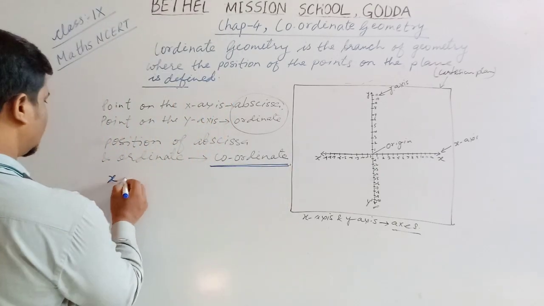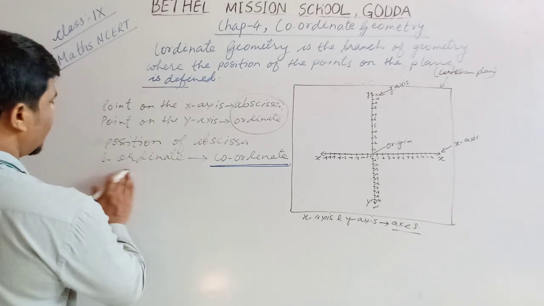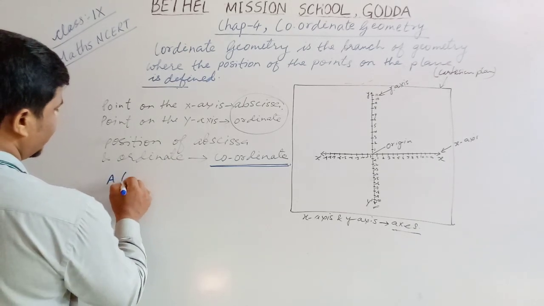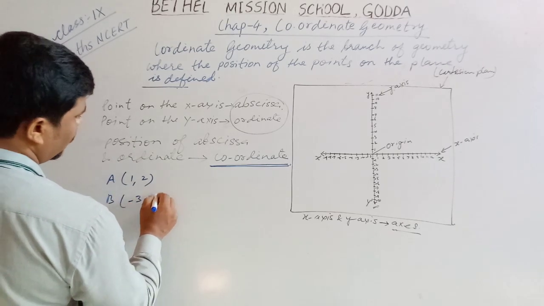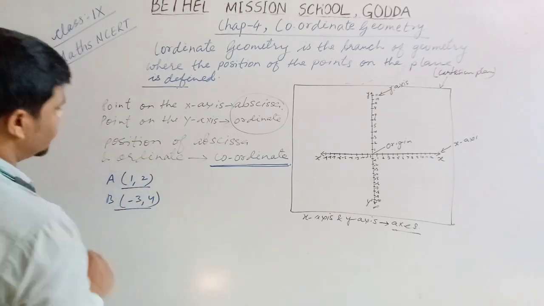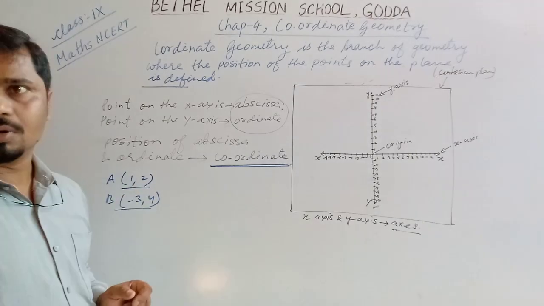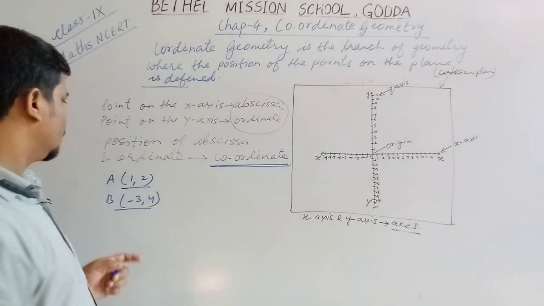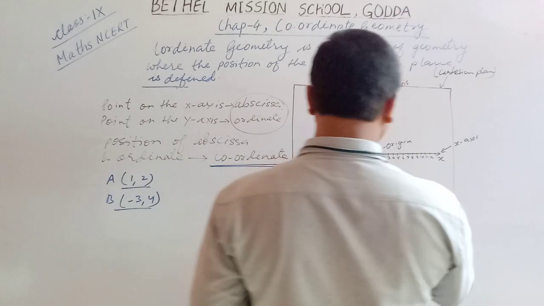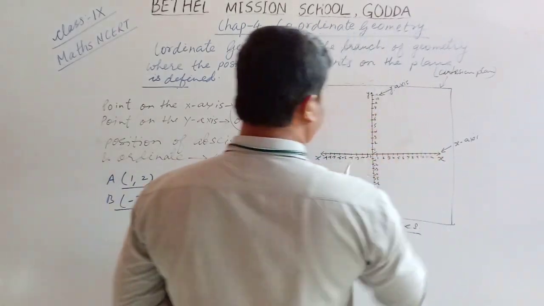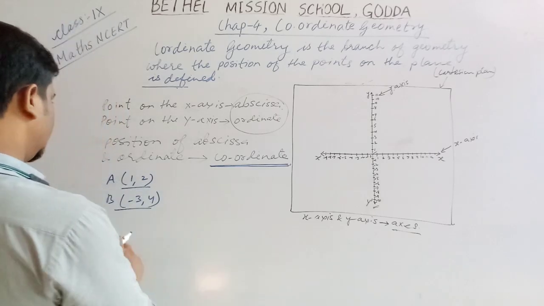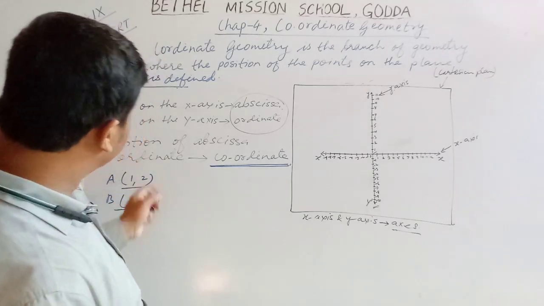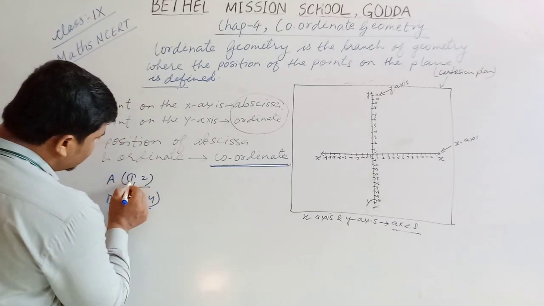Suppose point A is (1, 2) and B is (-3, 4). These are the two points, and we have to locate them on the Cartesian plane.